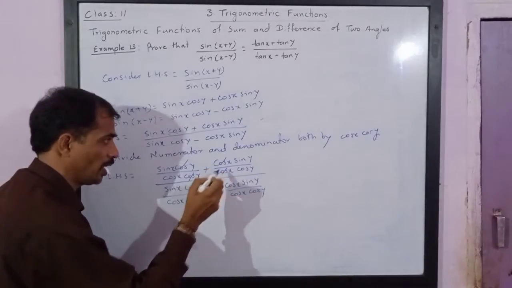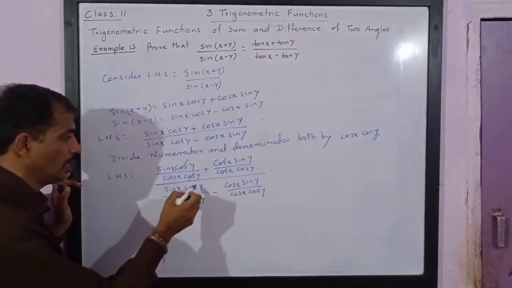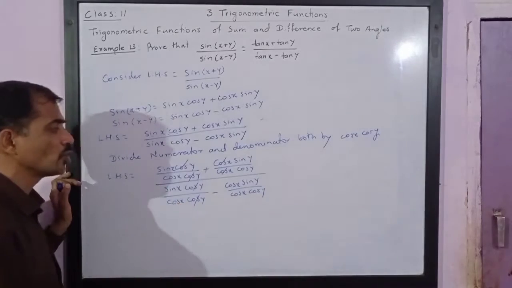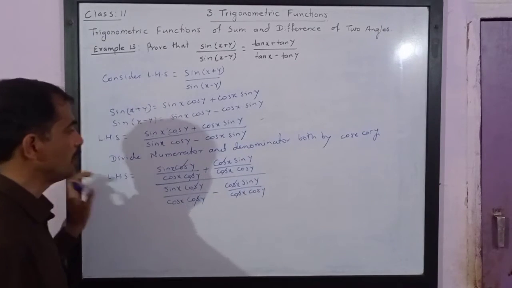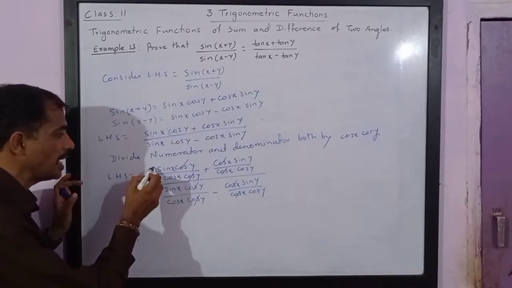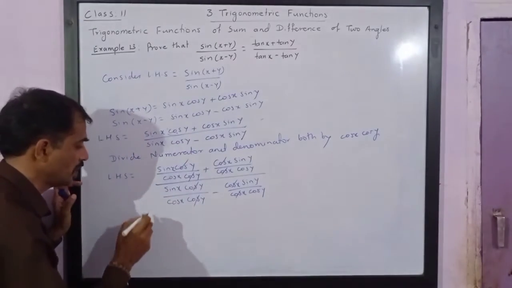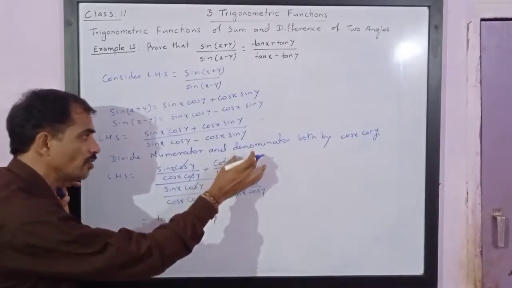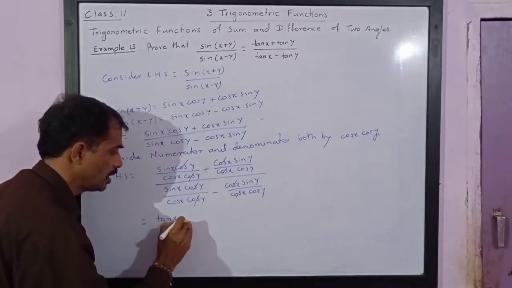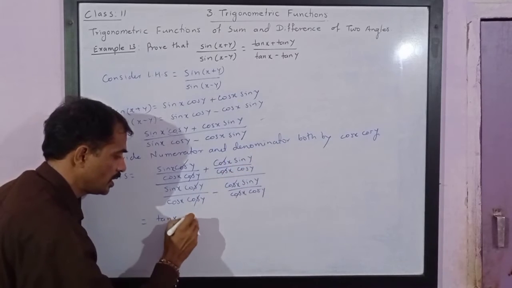Cos x divided by cos x will get eliminated. Here cos y divided by cos y will get eliminated. Here cos x divided by cos x will get eliminated. So we have sin x upon cos x, which is nothing but tan x, and sin y upon cos y, which is tan y.